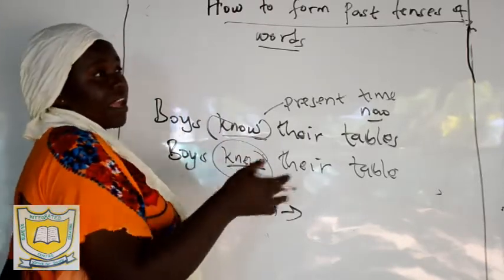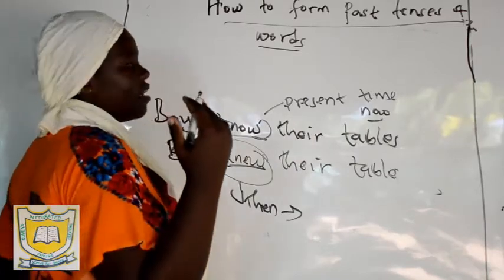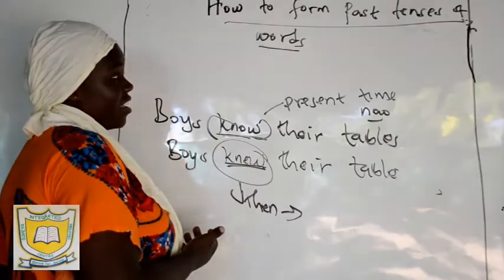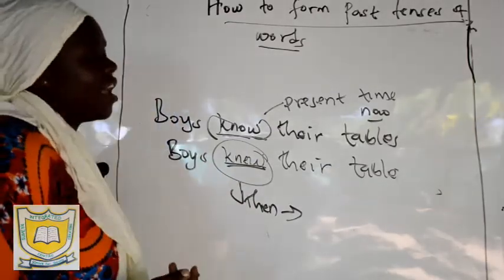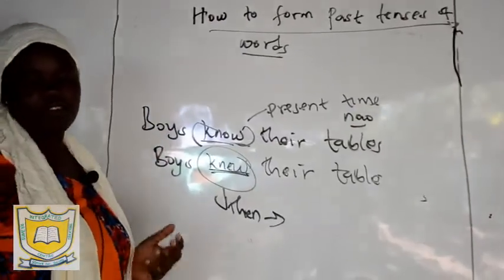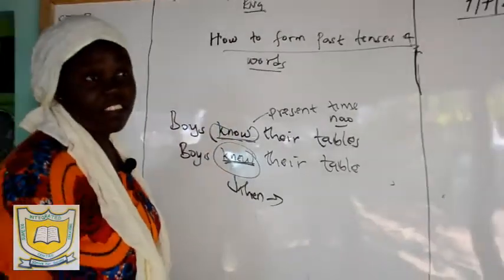Whatever happened is in the past. Now I have know and then I have knew, which is the past tense. How did we come from know to knew? That's what I'm here to talk about today: how to form past tenses of words.